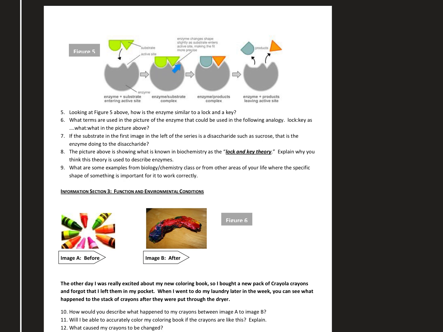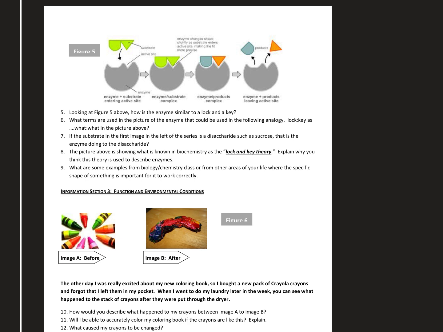Then the enzyme starts to change shape. It changes the characteristics of the active site, which lowers the energy needed, and this substrate and enzyme have their own energy because there's kinetic energy in the system. That energy then becomes enough for these two to separate and form new products, right?